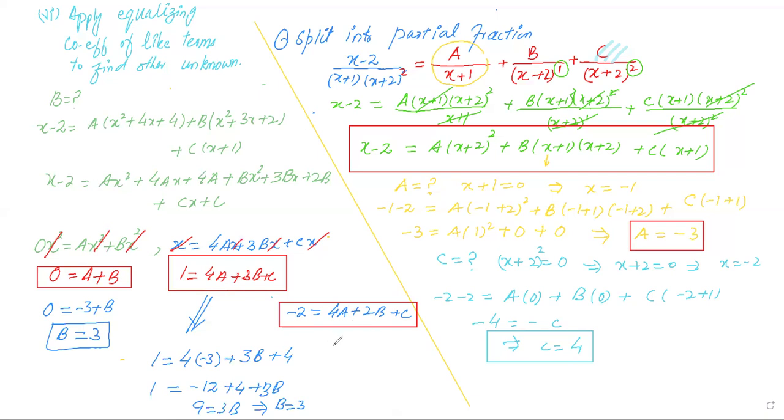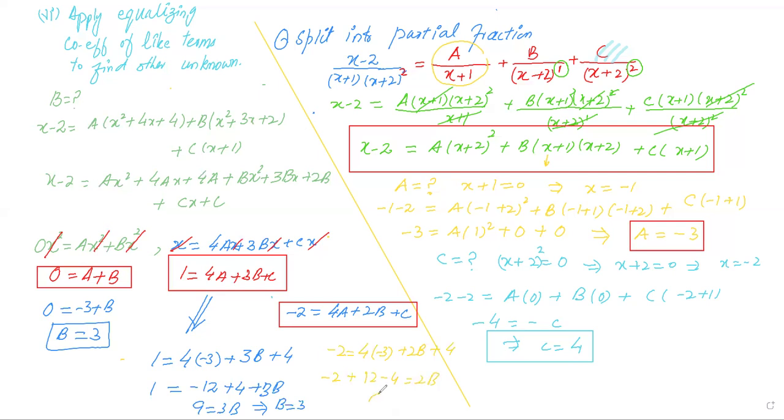Now the last one, I will use a different color of the marker, yellow color. Minus 2 is equal to 4 times a, meaning minus 3, plus 2b is unknown, plus c is 4. Minus 2 is equal to plus 12 minus 4 is equal to 2b.